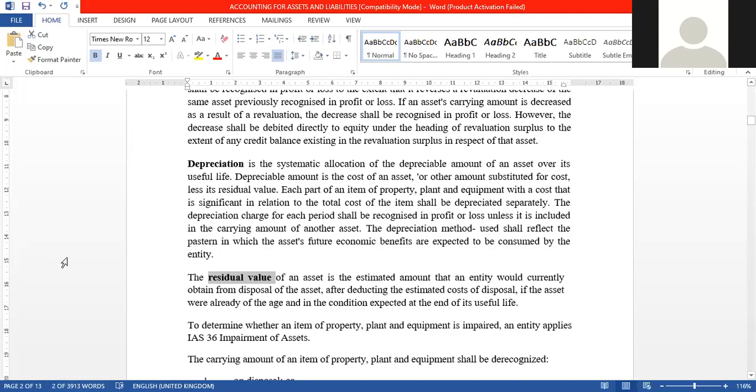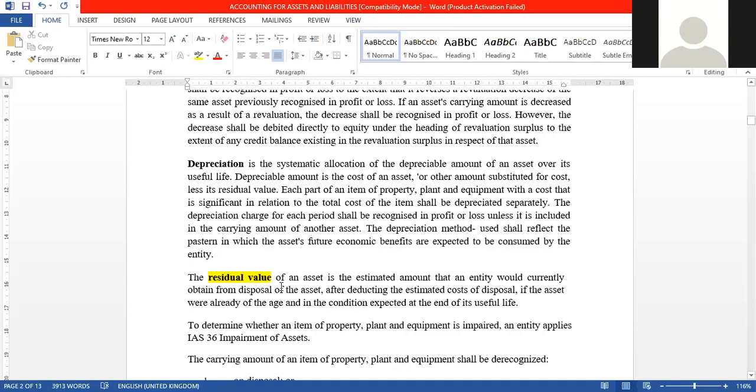The value that you get at the end of the useful life of a property is what we call residual value. I have highlighted it here. I hope you are able to see it.